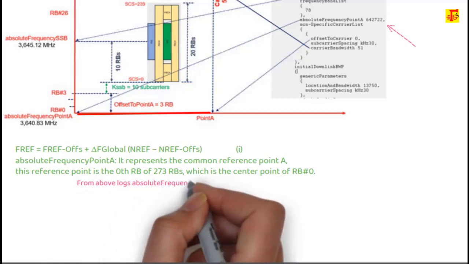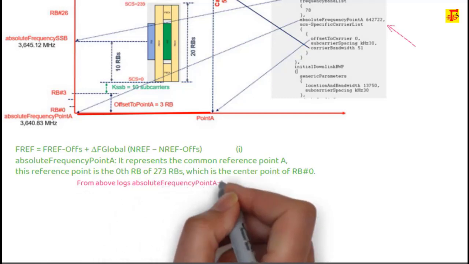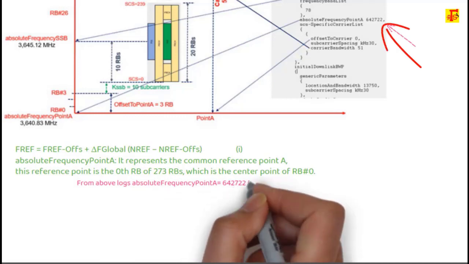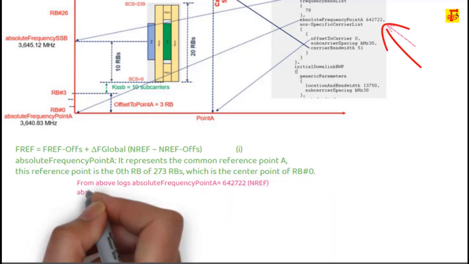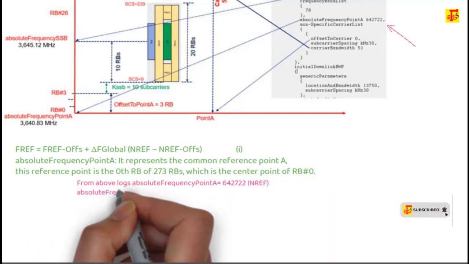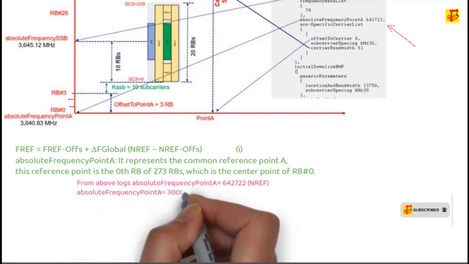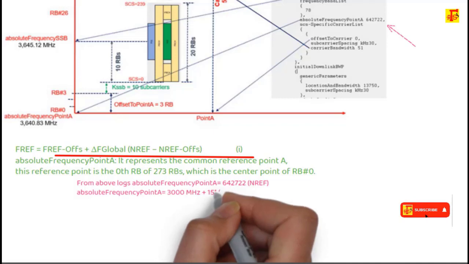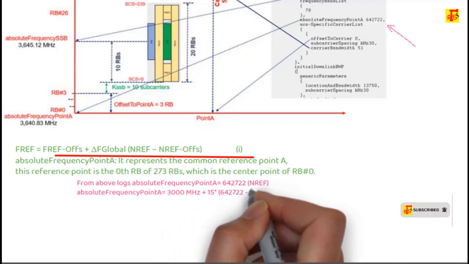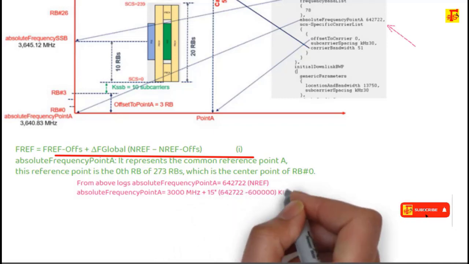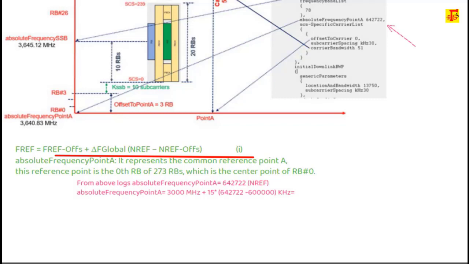So absolute frequency point A, that is 642722, that is ARFCN. Now we'll convert in megahertz. So in megahertz, this is the formula: f ref offset plus del f global, right? This is frequency raster. Del f global into nref minus nref offset.